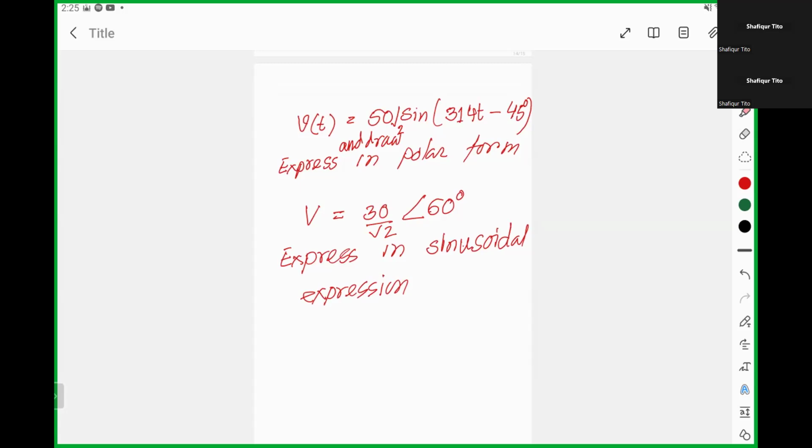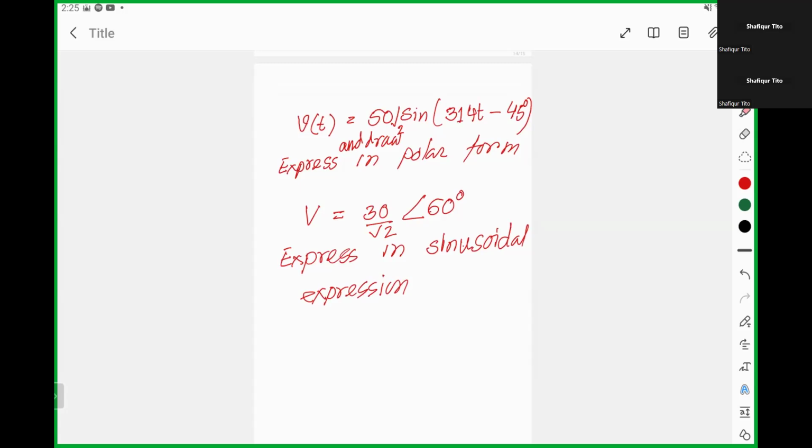I know vectors, but I'm forgetting about it, like how to convert from polar form to a rect. I am not asking for rectangular form. It is the sinusoidal. The rectangular is the next one.